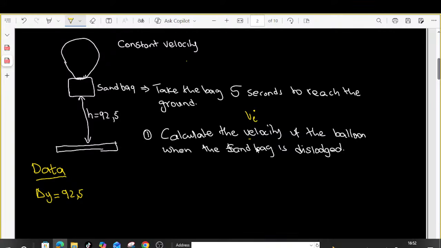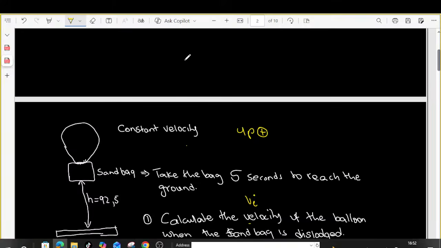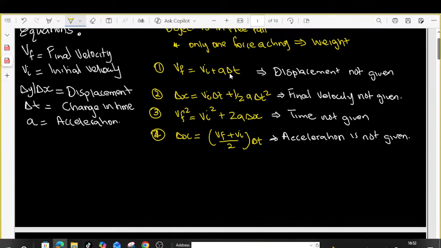Okay, so now when they want you to find the initial velocity, what is your acceleration? Acceleration is equal to, I'm going to take up as positive. Which will mean that my acceleration, you see on this equation here, we have this A here. You see that A is equal to 9.8 meters per second squared.